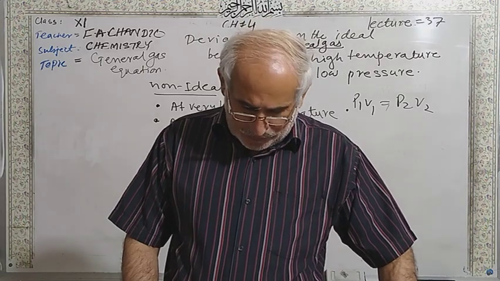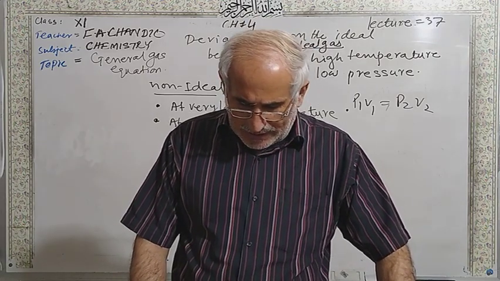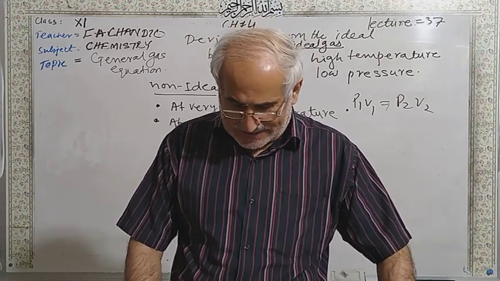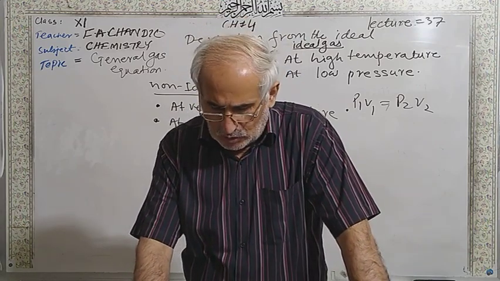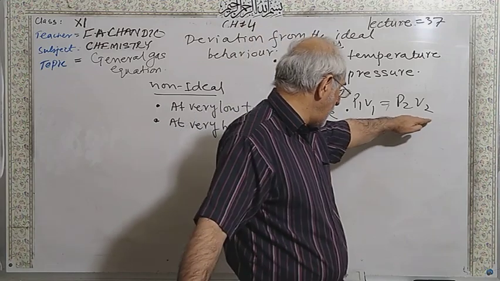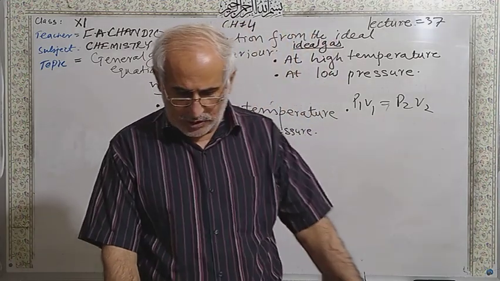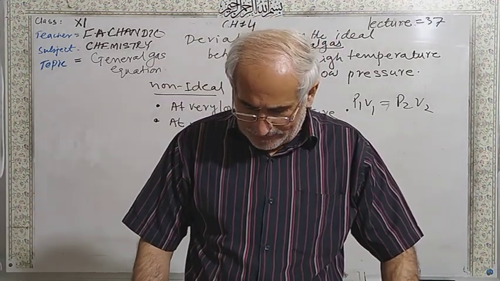The pressure is 50 atmosphere and the volume is 0.4634 decimeter cube, then you will get PV equal to 23.71. Here, P2V2 is equal to 23.71.